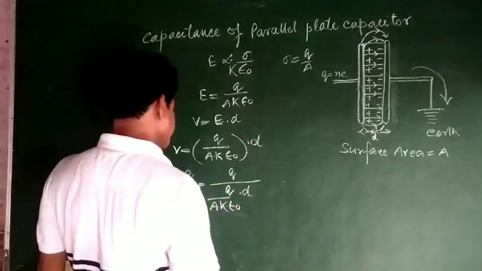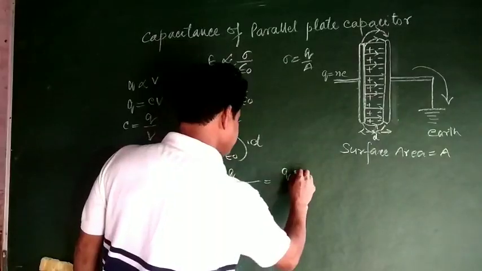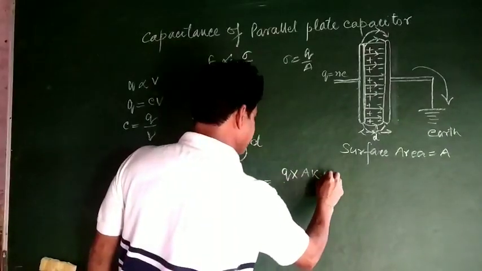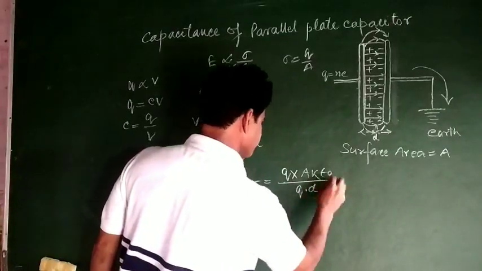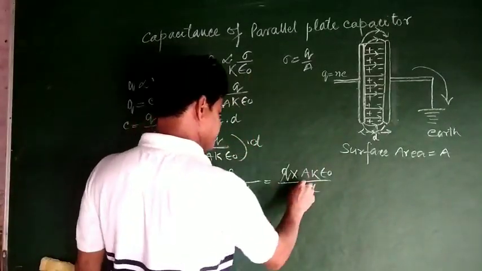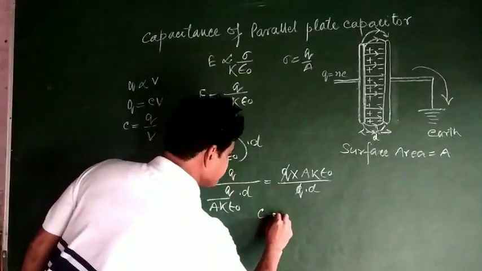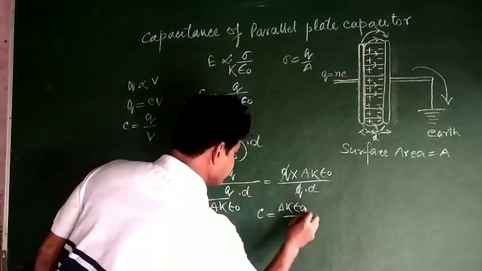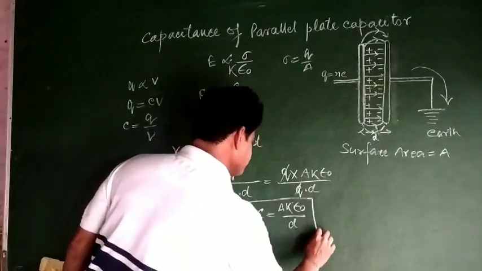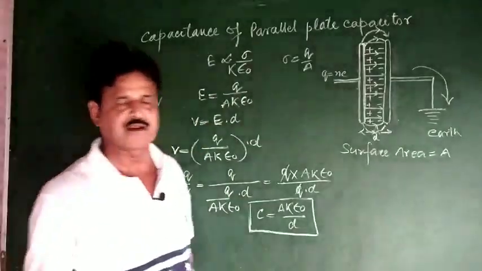On reversing the numerator and denominator, we find Q into A K epsilon 0 divided by Q into d. Cancelling Q, ultimately we find C is equal to A K epsilon 0 divided by d. This is the peculiar equation of a parallel plate capacitor.